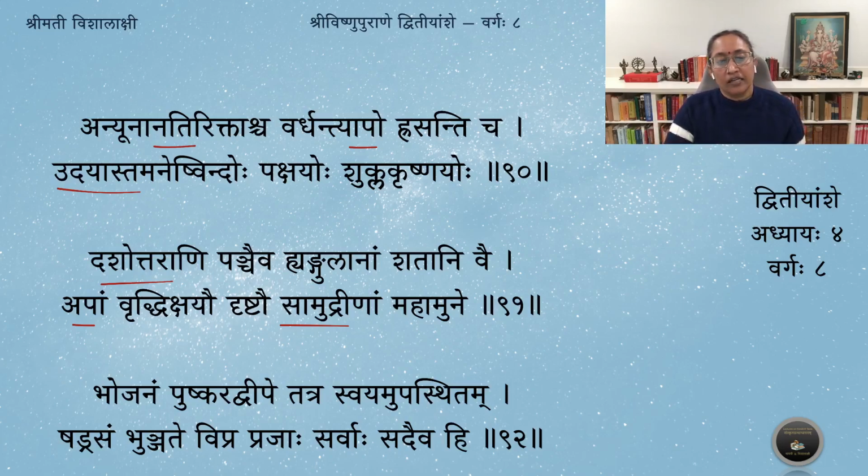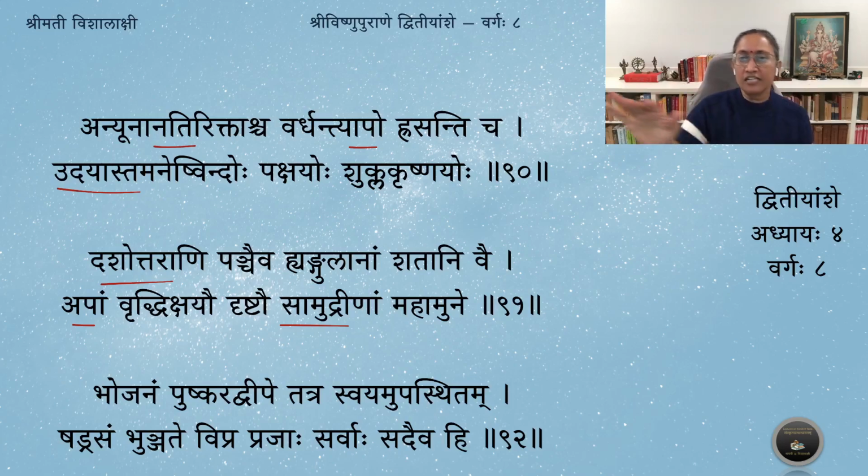Bhojanam pushkaradvipe tatra swayam upasthitam shadrasam bhunjate vipra prajaha sarvaha sadaiva hi. Sadaiva, at all times, sarvaha prajaha, all of the people, he vipra, Maitreya, eat shadrasam bhojanam. People eat food which has all 6 rasas: madhura, katu, tikta, amla, lavana, iti.